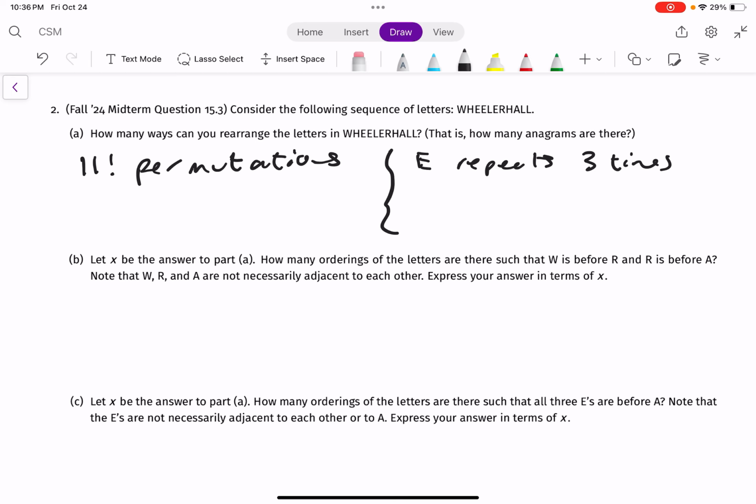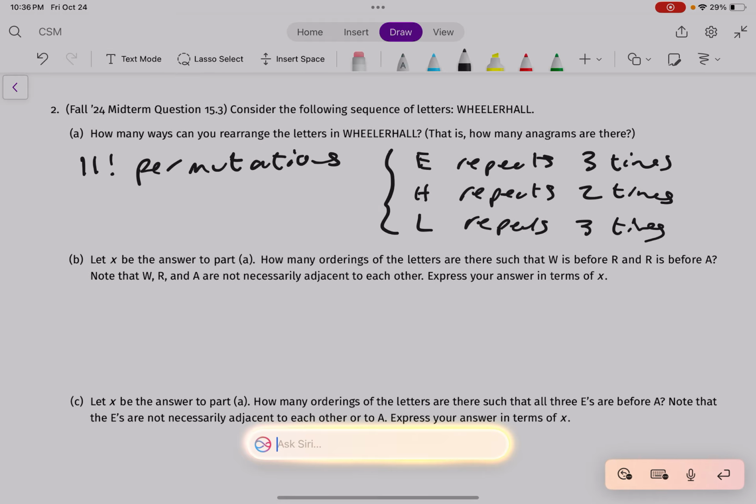The letter H repeats twice. And the letter L repeats 3 times. So we need to divide 11 factorial by 3 factorial times 2 factorial times 3 factorial, which is our answer.